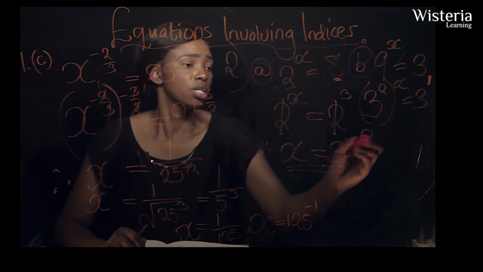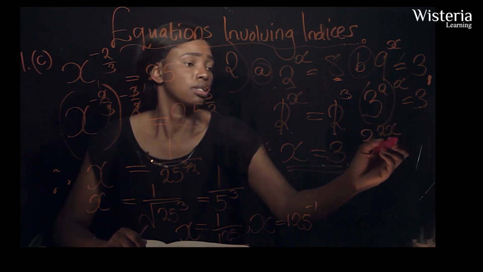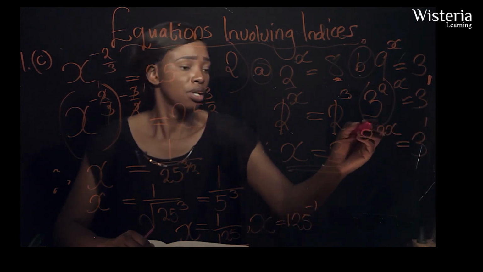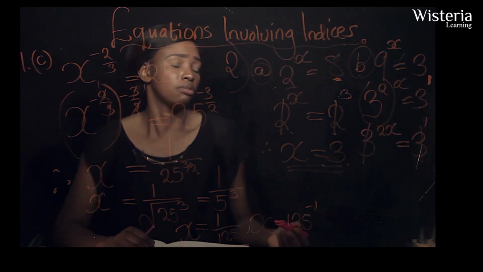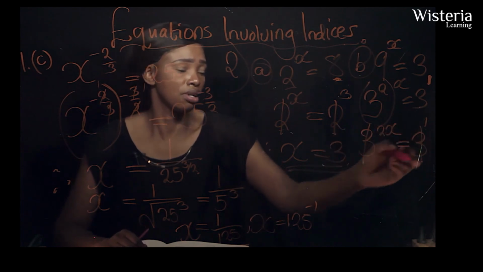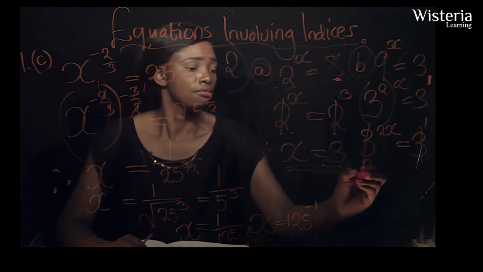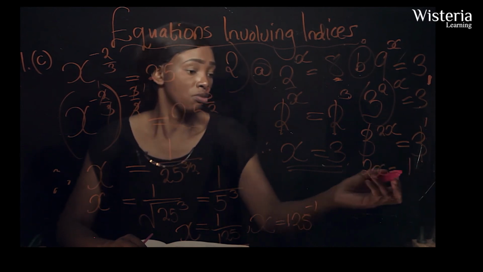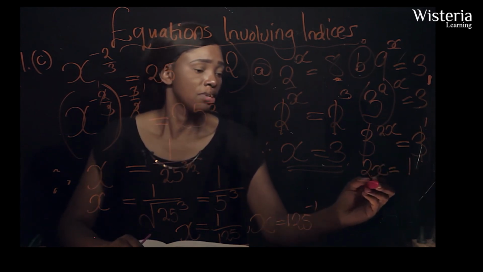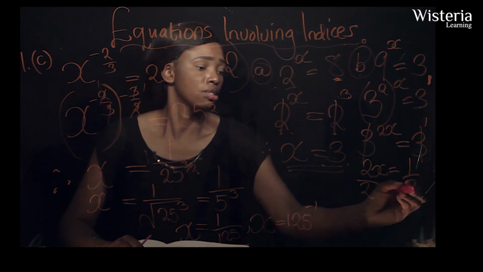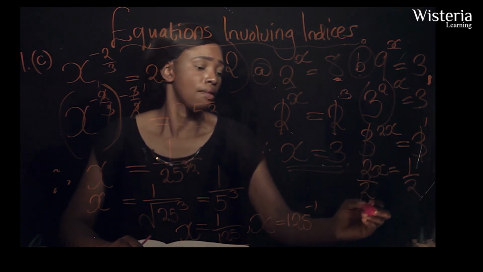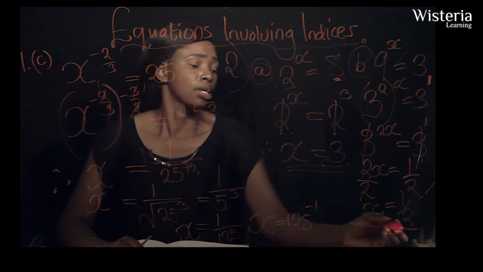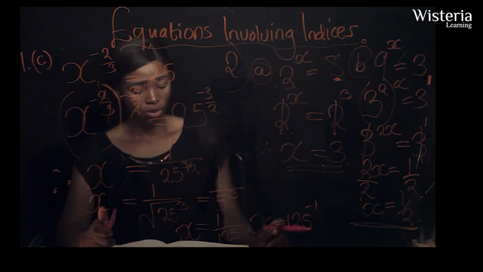So 3 to the power 2x is equal to 3 to the power 1. When we have the same bases, even better, we can just divide 3 there, 1, 3 there, 1. Then we have 2x is equal to 1. Then we can solve this equation by dividing by 2 on both sides. So our x is equal to half.